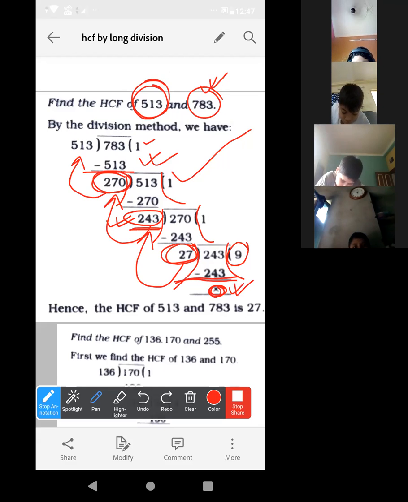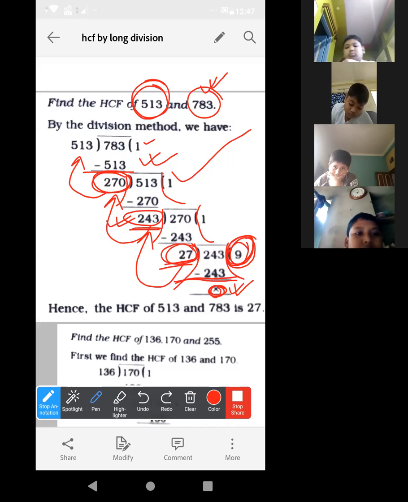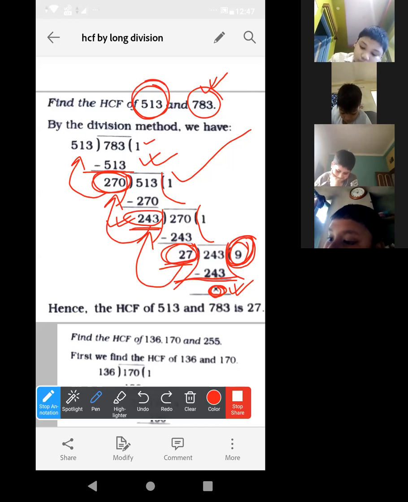Now what will be the HCF? This 27 or this 9? Look, always the HCF will be the number by which we are dividing. HCF means highest common factor.